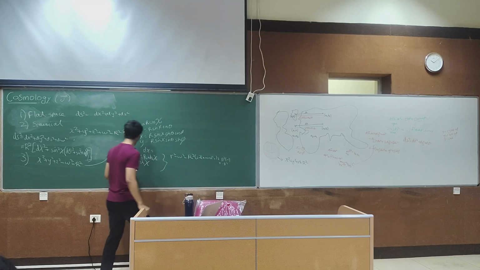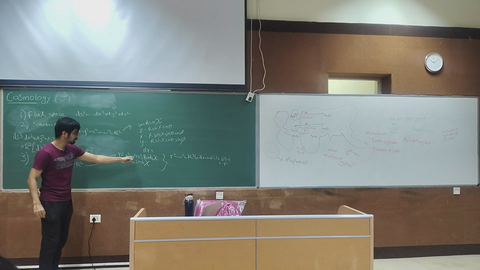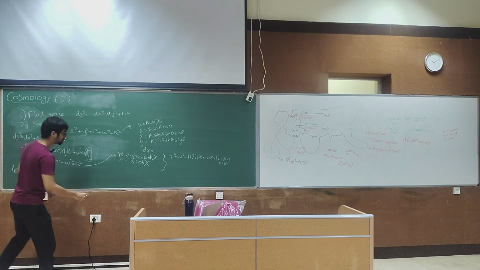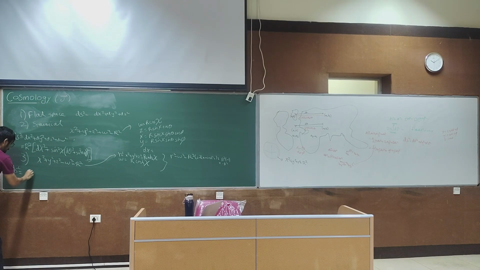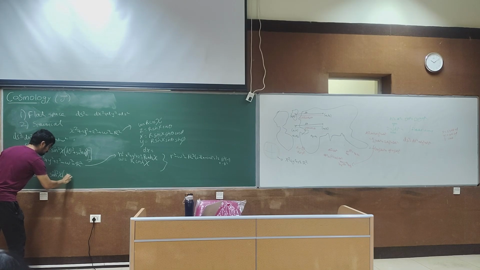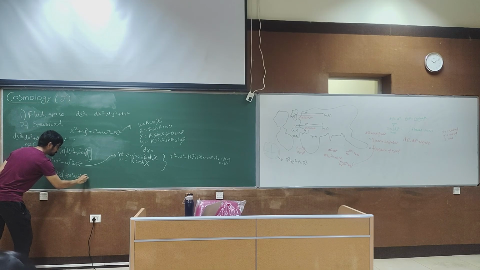So this kind of parameterization we can use, and what we get for this kind of metric is this: r squared d chi squared plus sinh squared chi times d theta squared plus sine squared theta d phi squared.